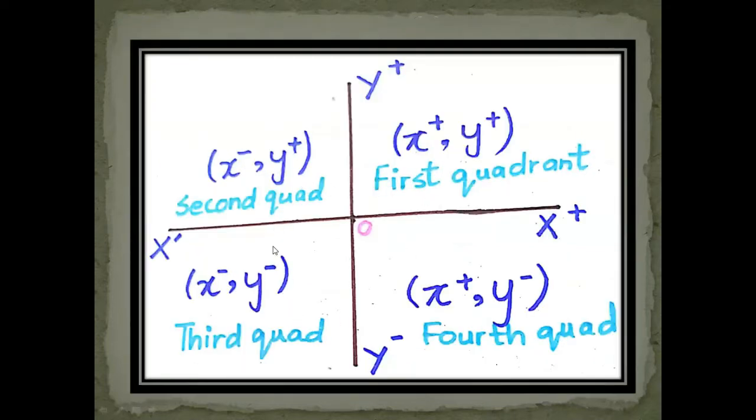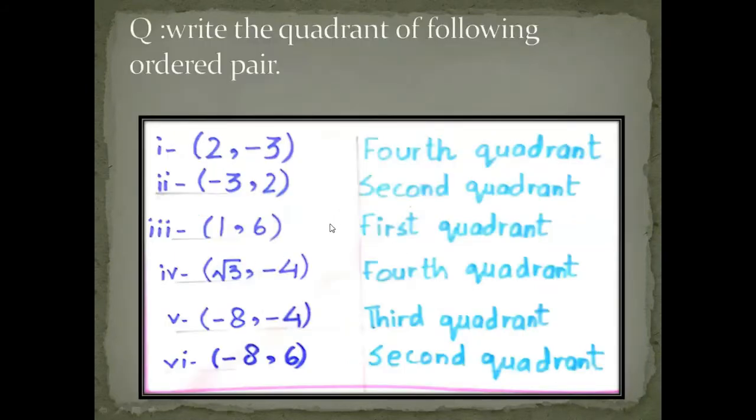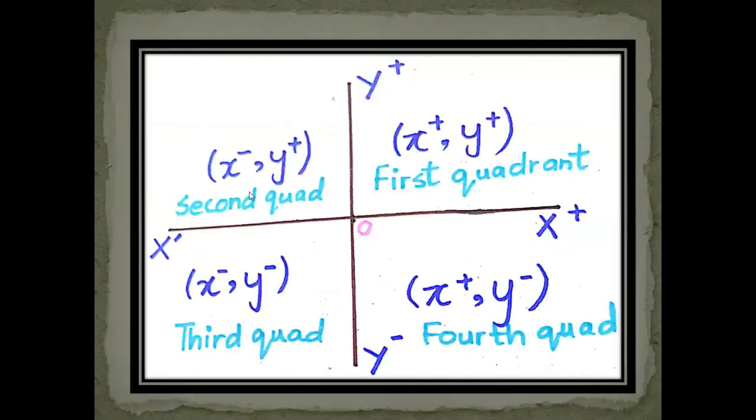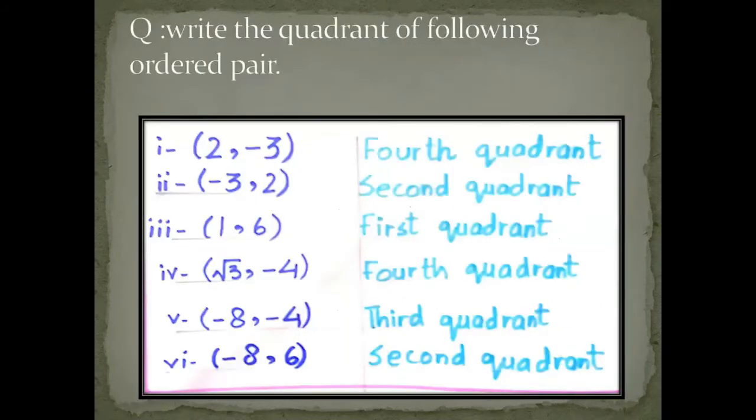The first value is plus and the second is minus, so this belongs to the fourth quadrant. Now, x is negative, y is positive, so this belongs to the second quadrant.